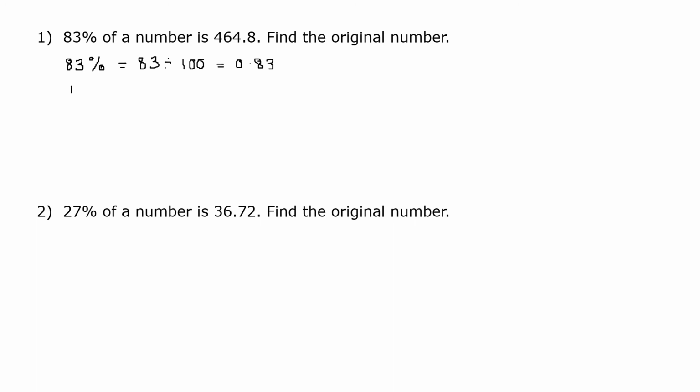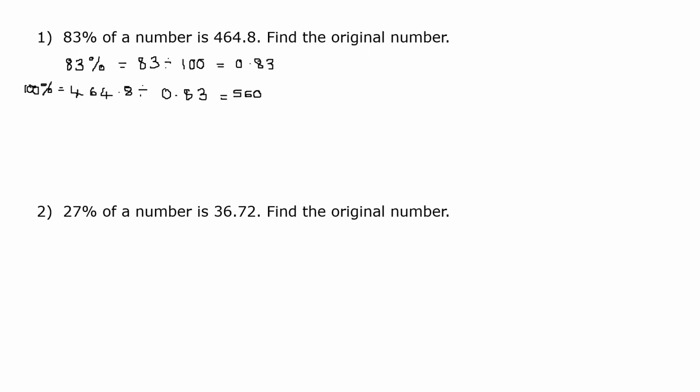In this case, I'm not going to multiply, I'm going to divide. So 100% of my amount, my original number, will be 464.8 divided by 0.83. And that will give me 560. So my original number is 560.